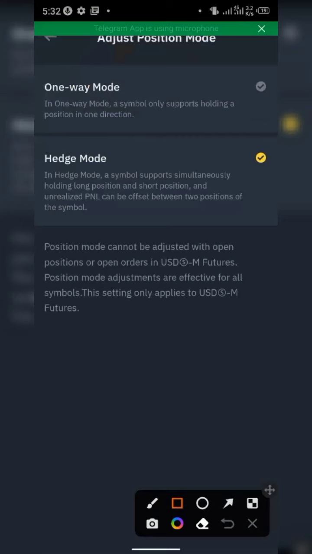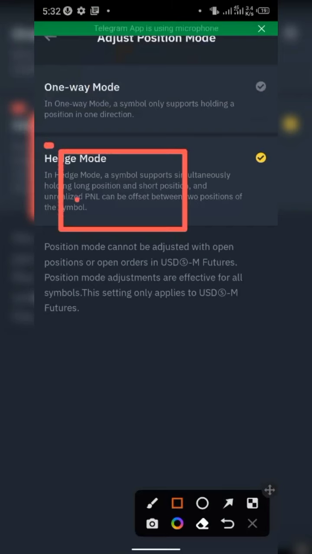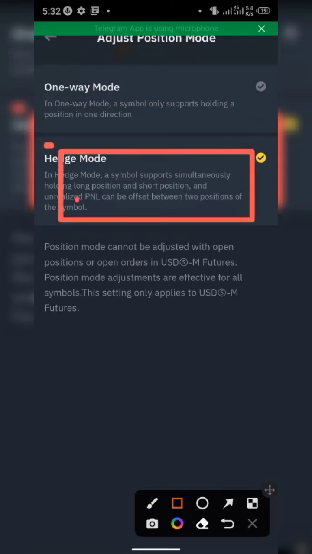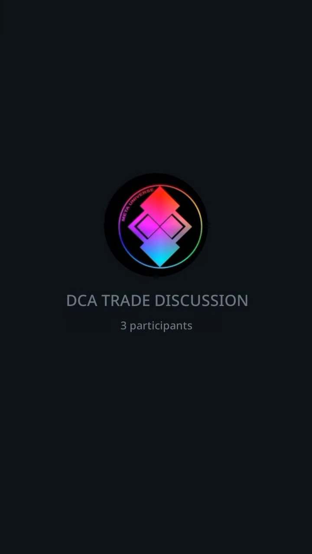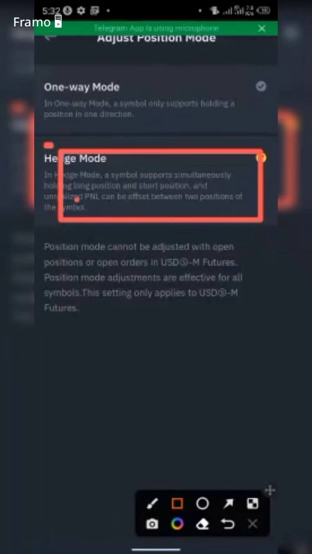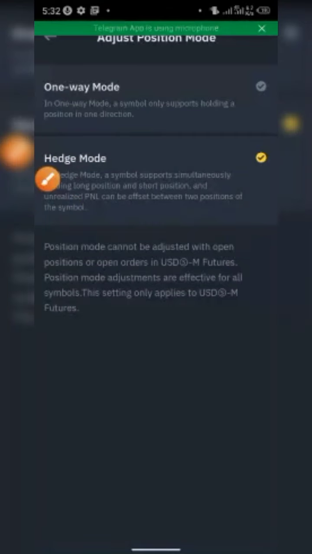If you read what is written in hedge, a symbol supports simultaneously holding a long position and a short position, and the unrealized profit and loss can be offset between the two positions of that symbol. So you will be able to short and long at the same time.